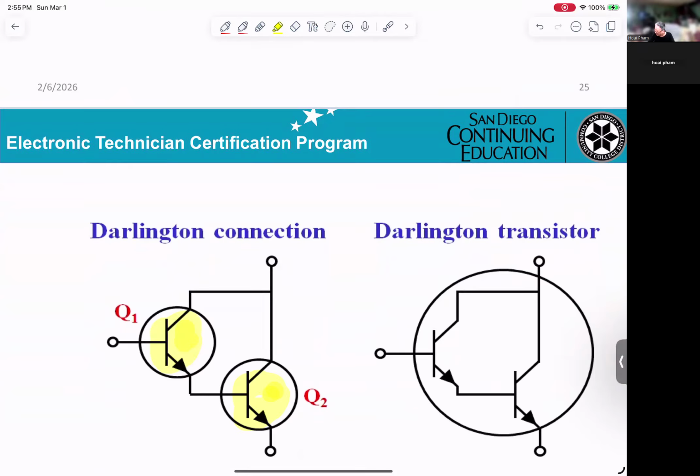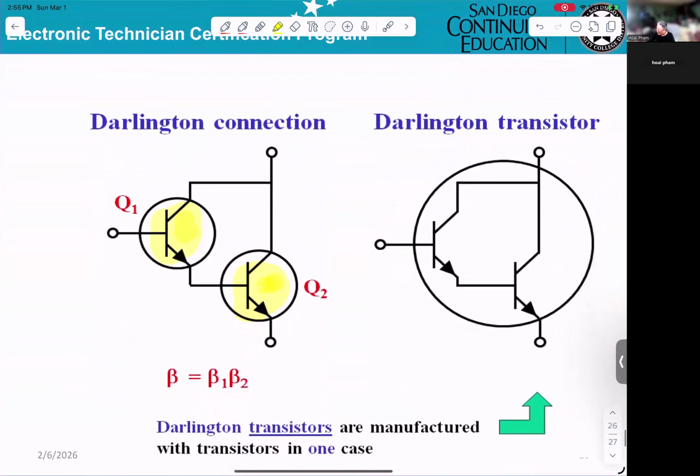For Q1, they get a beta, beta 1. For Q2, you get another, beta 2. So when they connect this one, then the total beta equals beta 1 times beta 2. That's only telling you one thing: the gain will be very high.